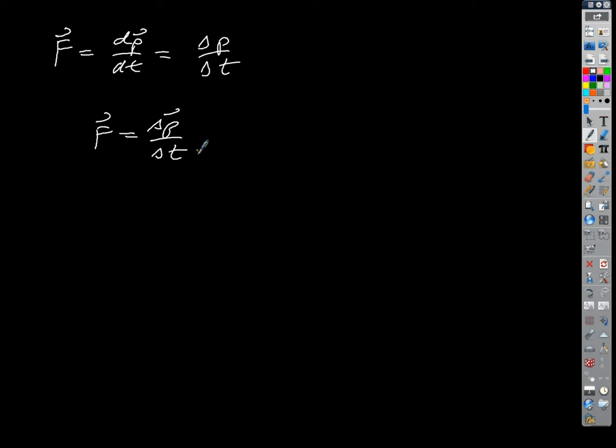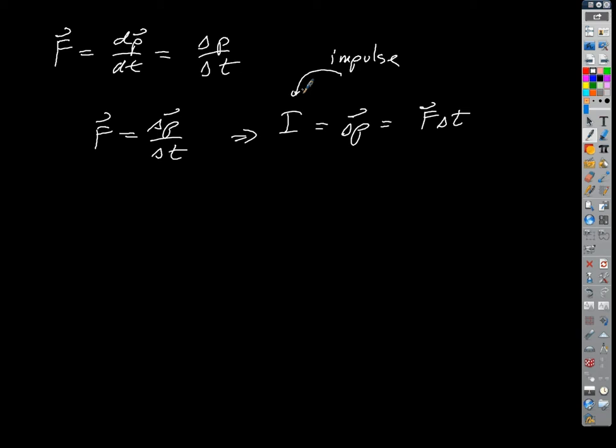If we just cross multiply, this yields the relationship that change in momentum equals F delta T. Okay? So we call this quantity a change in momentum. We call this impulse. And this is a big part of when we talk about collisions.